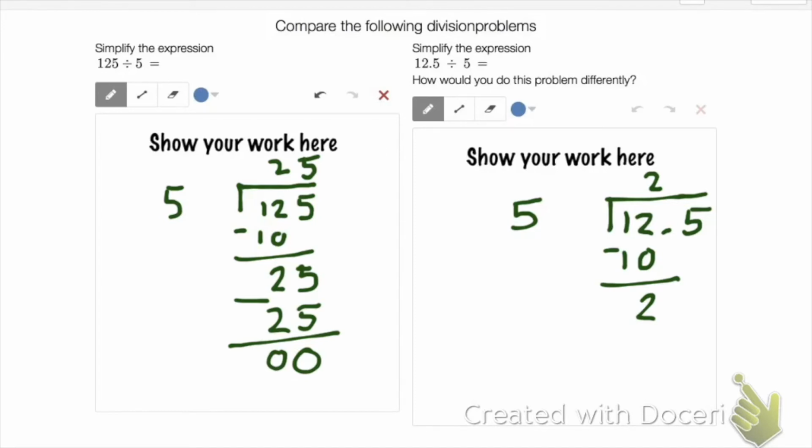It is a decimal, right? So we have to bring up the decimal. Okay, and now we can drop down the 5. 5 goes into 25 5 times. So the key point here is whenever you see the decimal, you have to bring it up to the answer right away.